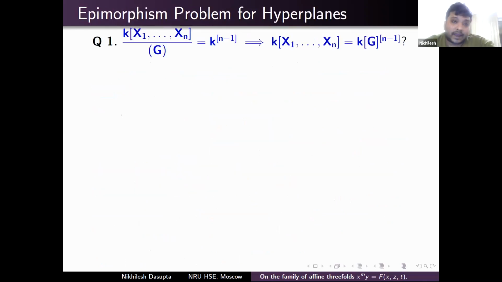Now, let's look at another very important problem of affine algebraic geometry: the epimorphism problem for hyperplanes. What does this problem say? Let's formulate it as a question: if I have a polynomial algebra in n variables, I take a single polynomial g and go modulo the ideal generated by it, and I get a polynomial algebra in n minus 1 variables, then is g a variable in k[x1, x2, ..., xn]?